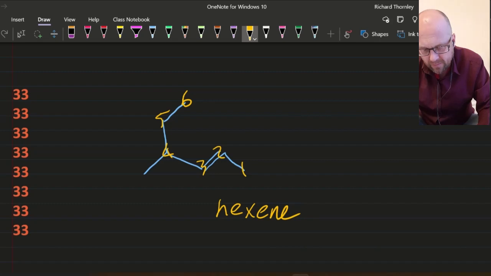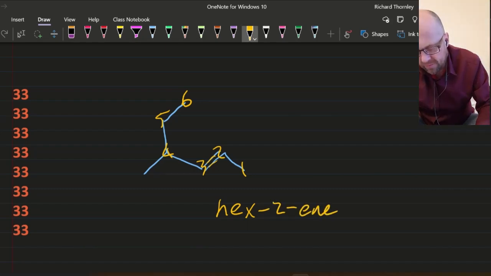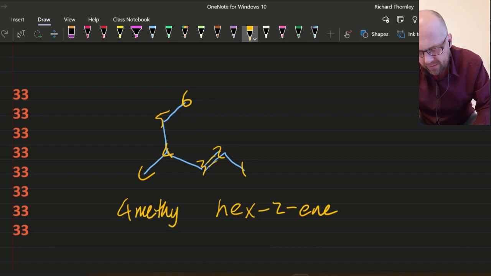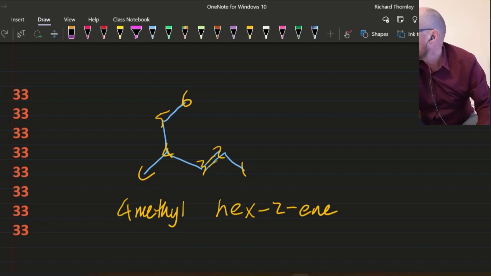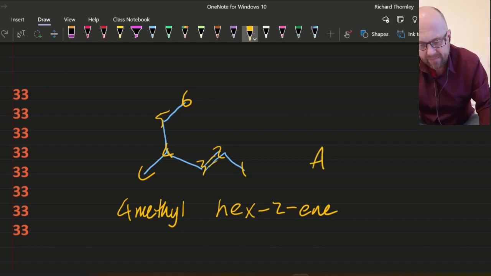And I see the double bond is between the 2 and the 3. So it's going to be hex-2-ene. Choose the lowest number. And then I have a methyl group on the fourth one. So it's going to be 4-methyl hex-2-ene. A. 33A. Nice.